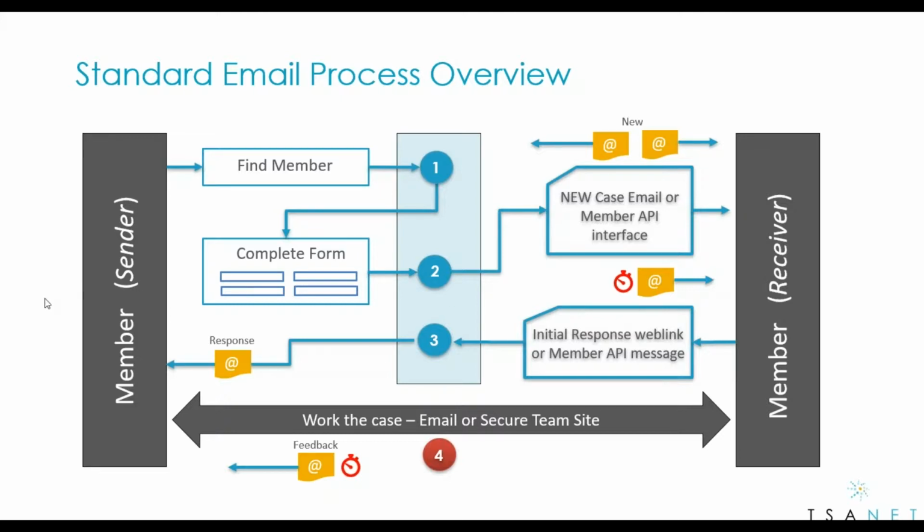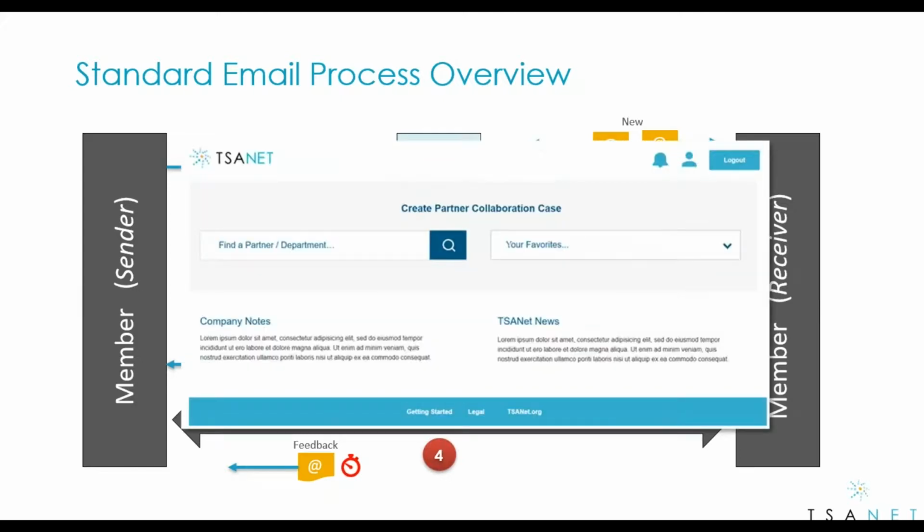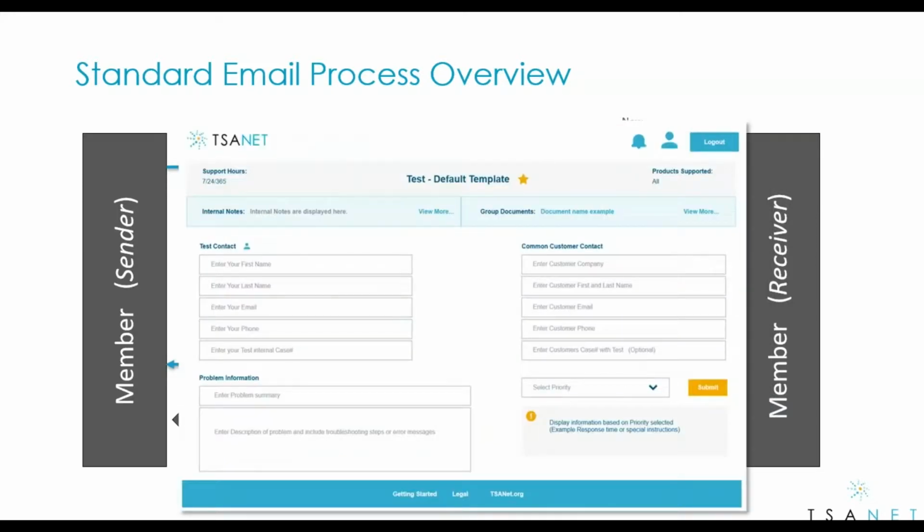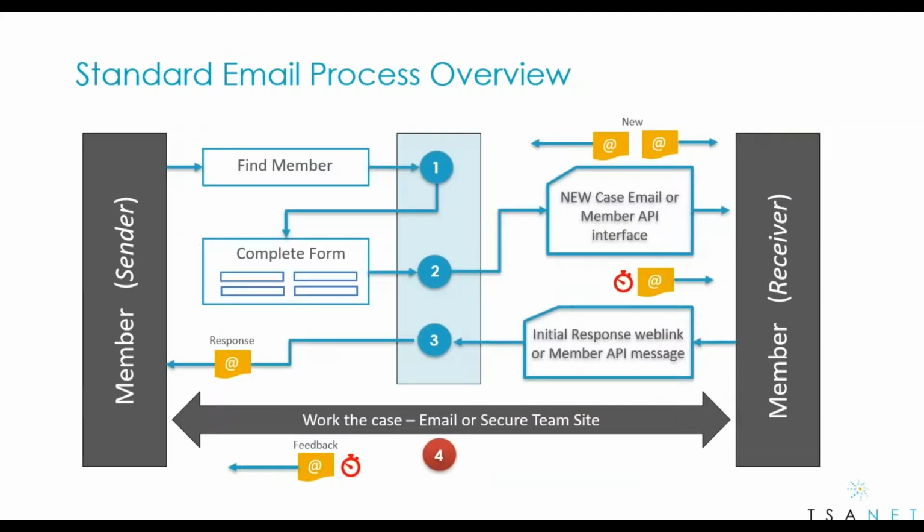So just walking through the rest of how it works, the process is as follows. The sender logs into the site, they find the member's process document, they go ahead and fill out the form, and really at this point, the email process completes the connection.